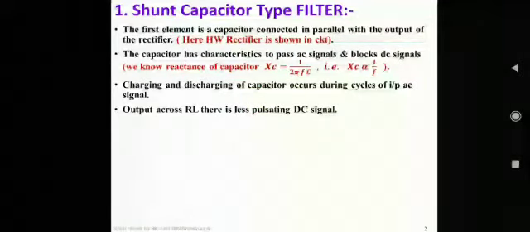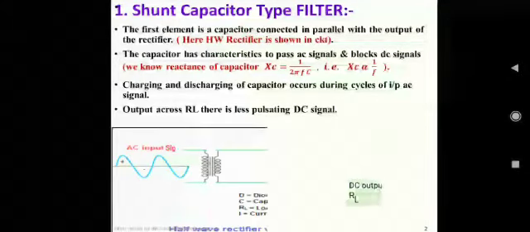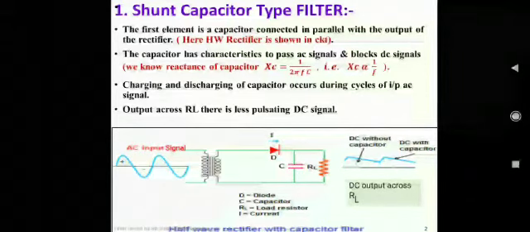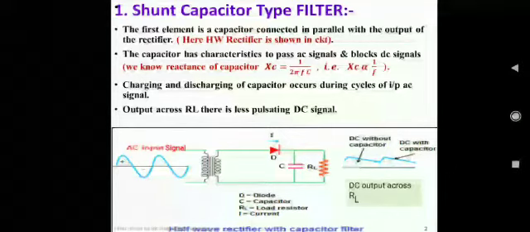In shunt type capacitor filter, the basic element used is the capacitor, which is connected in parallel with the rectifier circuit.